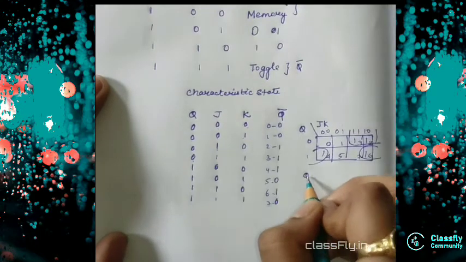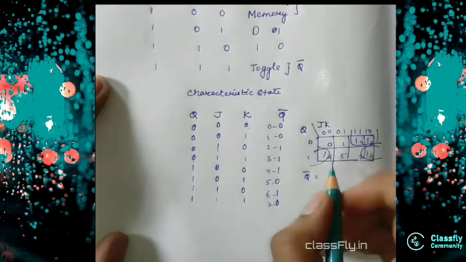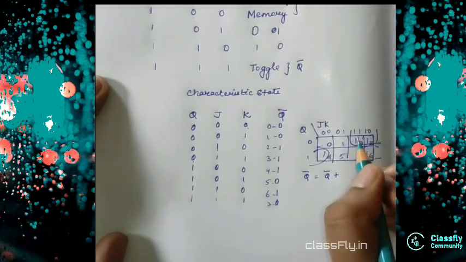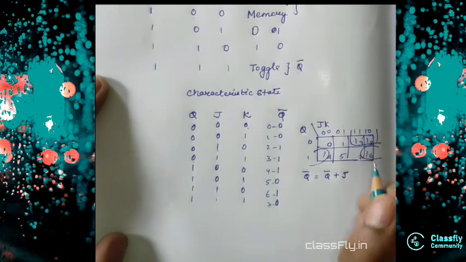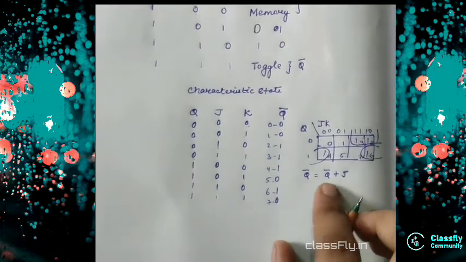So what will be my Q bar equation? So it is not changing, so Q bar, it will be plus, as J is not changing, so it will be J, as it is 1 1. So 1 is non-complementary, and we know that 0 is the complementary.